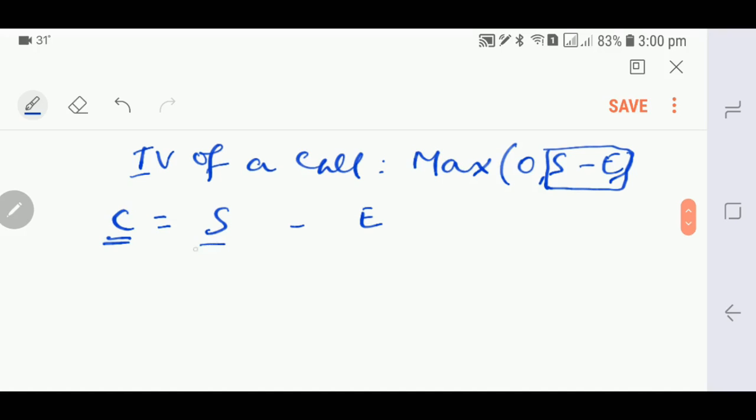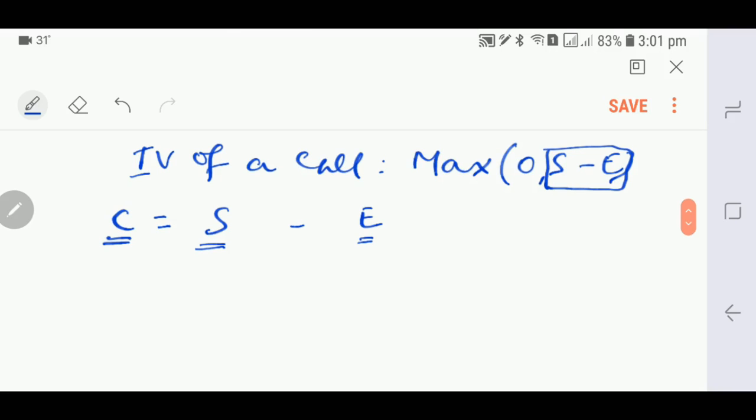This item is already current, but the exercise price is going to be applicable at a future point in time when the call option matures and is ready to be exercised or not exercised, whatever the case may be. But this is a future item, so it needs to be discounted to bring it back to the present moment.